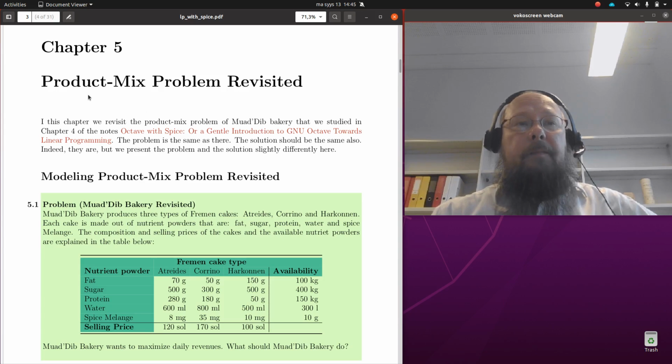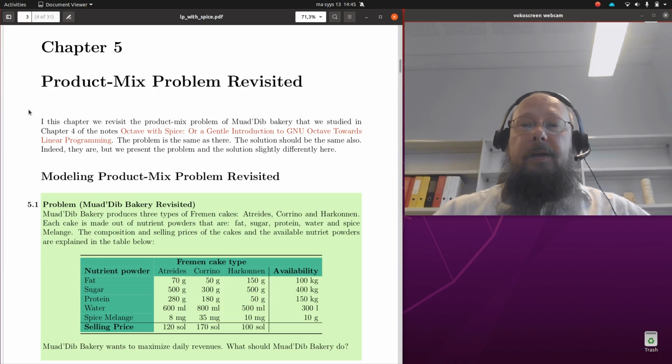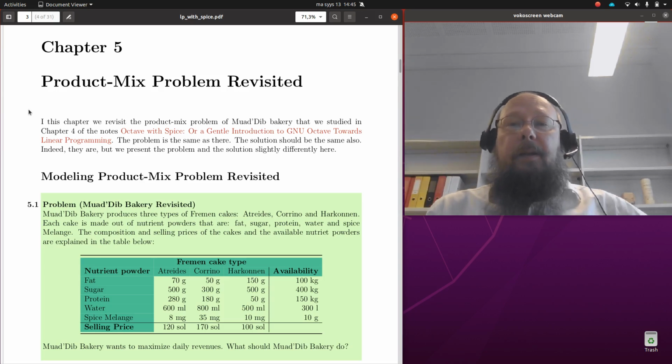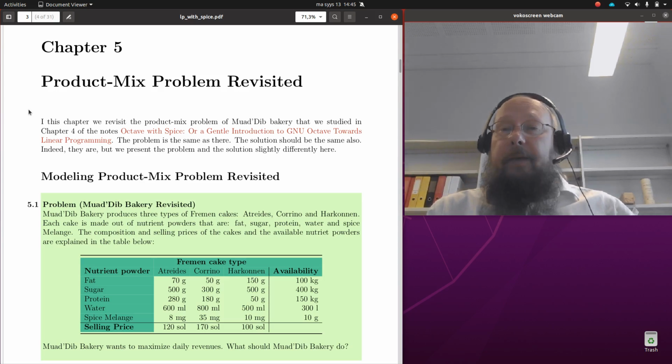In this chapter 5, titled Product Mix Problem Revisited, this is the chapter 4 of the Octave with Spice notes revisited. This is pretty much the same thing, but since this is a very essential part of this course, I will repeat the same stuff slightly differently here. Hope you don't get bored.